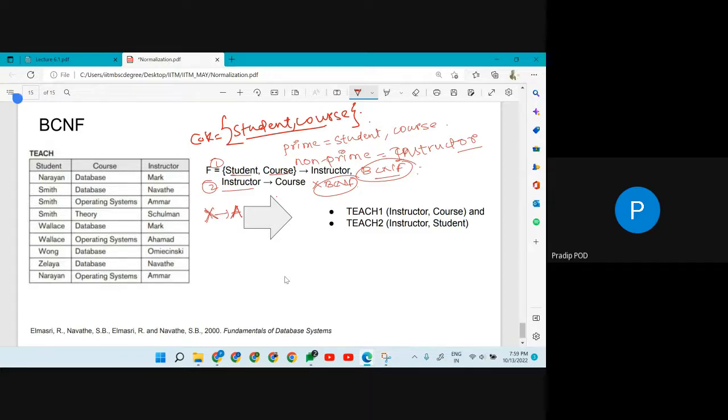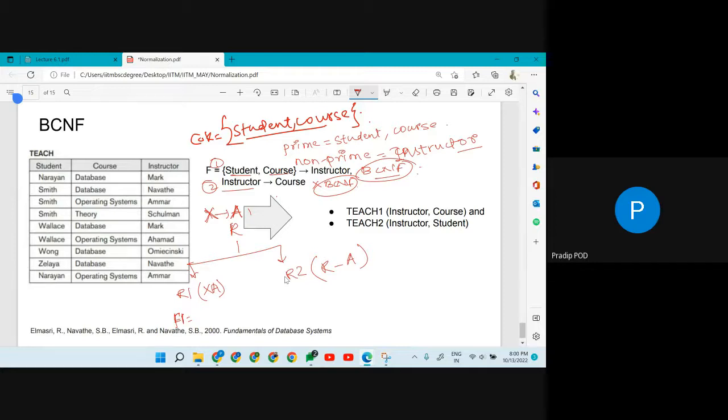If this functional dependency violates the condition of BCNF, then you have to decompose R such that R1 contains the attributes of XA, and the second table contains R minus A attributes, and then you can write the associated functional dependency.